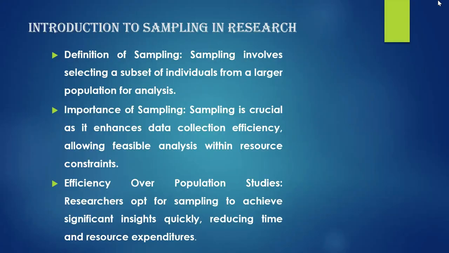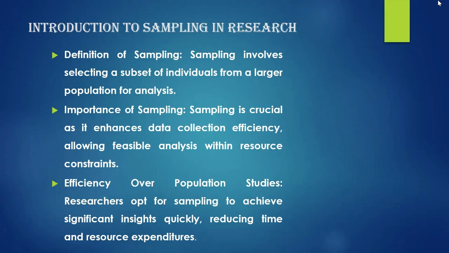First, let us see a brief overview of what is sampling. Sampling is a critical process in research that involves selecting a subset of individuals, units, or items from a larger population to draw conclusions and make inferences about the population. Since studying the entire population is often impractical, sampling provides a feasible, time efficient, and cost effective method to collect data and analyze trends.